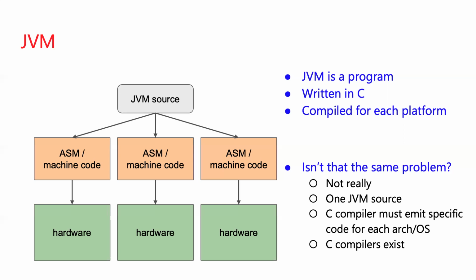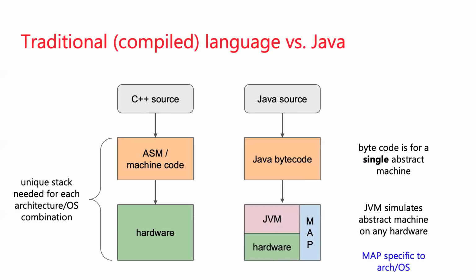Once we've built a Java virtual machine for Mac OS running on Intel, and Linux running on Intel, and Linux running on ARM, and every system we might want to run it on, then to run Java we just have to build the JVM on all those different platforms. And then as many Java programs as we want can run on that JVM that we built.